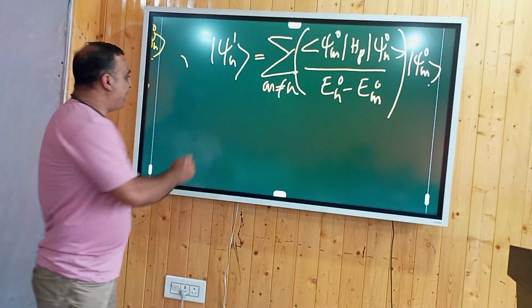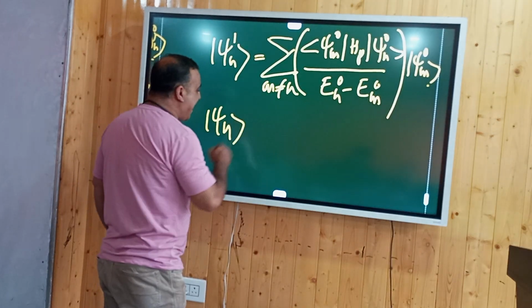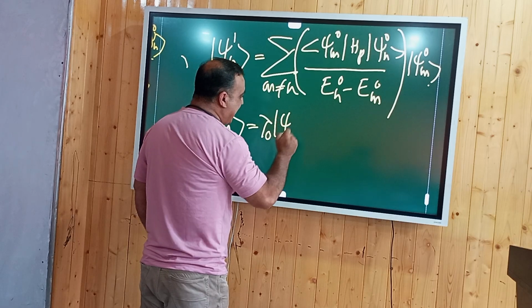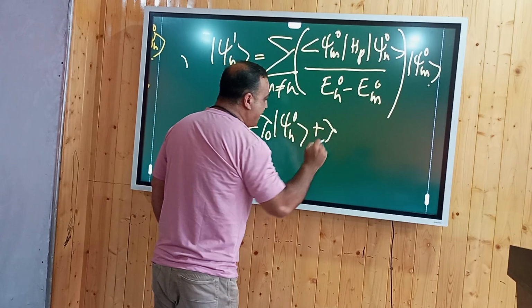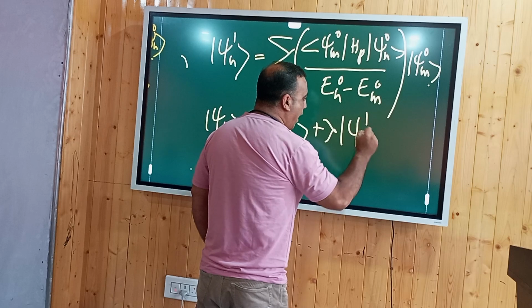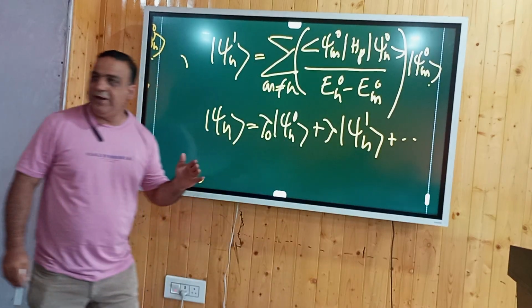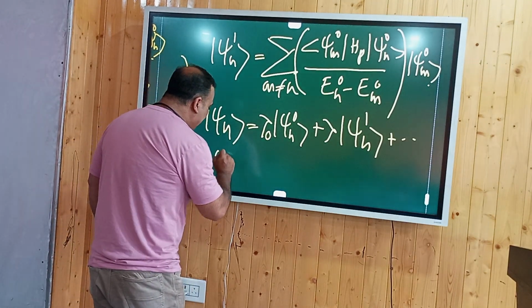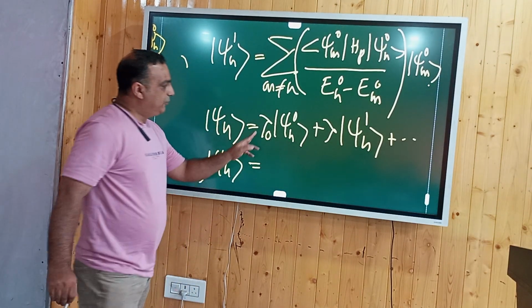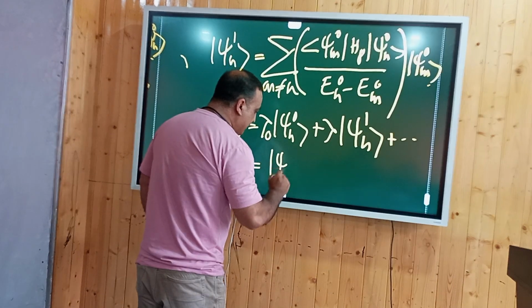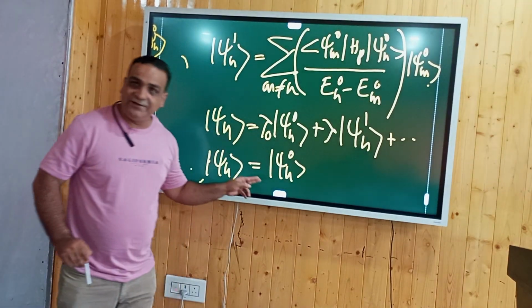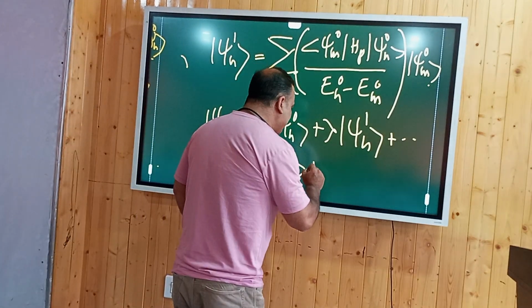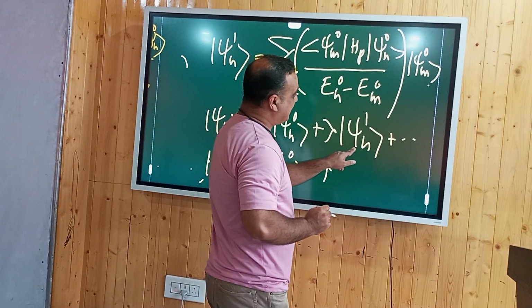So if I have ψ_n, what is ψ_n? You know, ψ_n is ψ_n^0 plus λ ψ_n^1 plus so on and so forth. But we have calculated the correction to the first order term. So what will be your overall eigenvector? Your overall eigenvector will be ψ_n^0, the eigenvector of the unperturbed system, which is exactly calculable, plus λ times ψ_n^1.